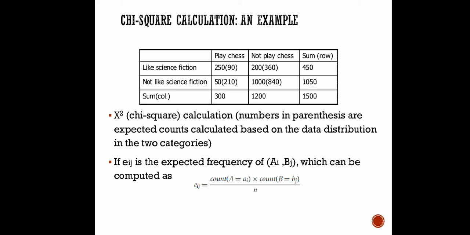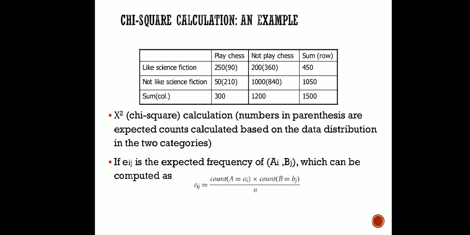So 450 into 300 divided by 1500 will be 90, and that is written as the expected value. Similarly, for play chess versus science fiction, it will be 450 into 1200 divided by 1500. In this fashion we have to calculate the expected values.